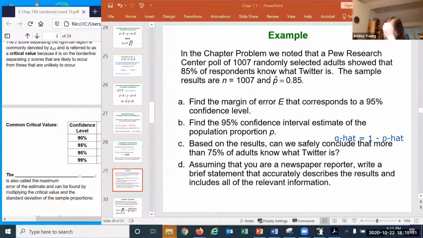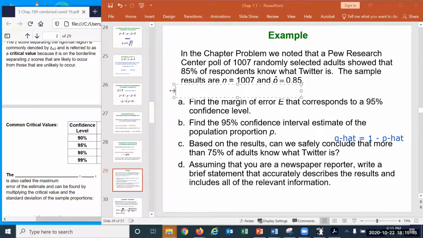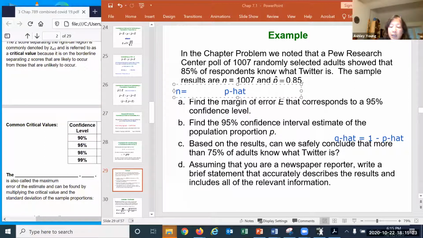So first thing I want you guys to do is figure out, I need to know what n is. I need to know what p hat is. And I need to know what q hat is. And then I need to know what my critical value is. So those are the things I need to know.